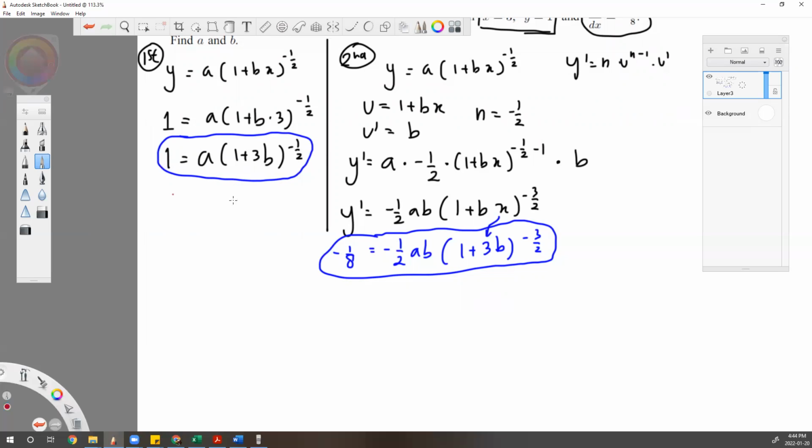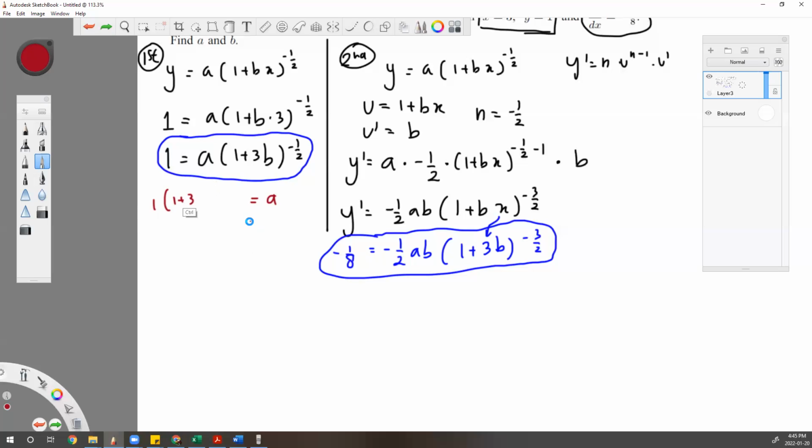I think this is challenging, but I don't know whether you say this is challenging or not. What is A? Can I just write A equals 1 times 1 plus 3b power half?